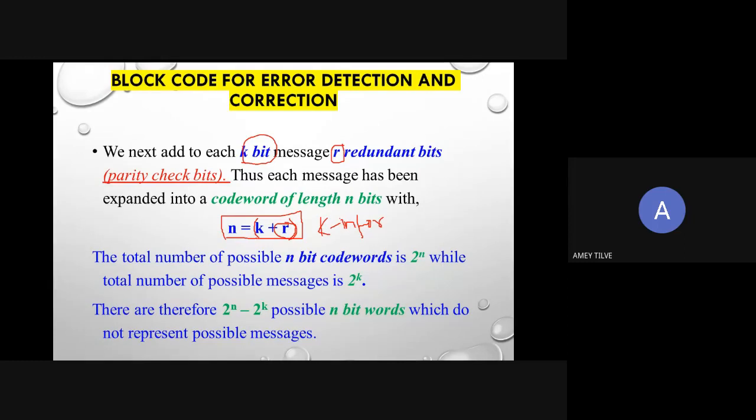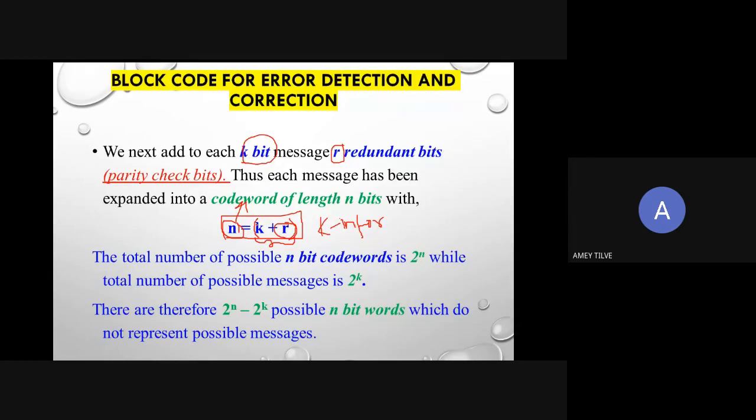The moment I add my information bit with redundant bits, whatever I'm getting is nothing but a code word. So from your actual message that I am going to send, which is of K bits, I am adding an extra redundancy bit to make that message a code word. Please remember this.